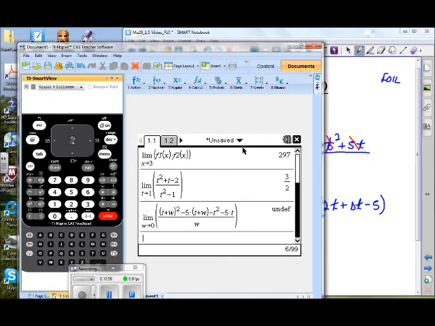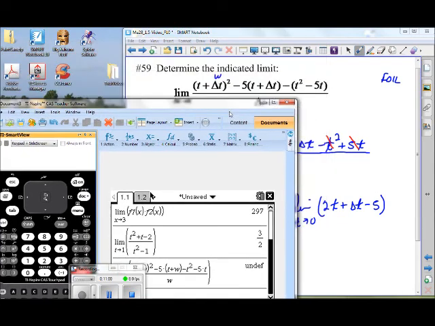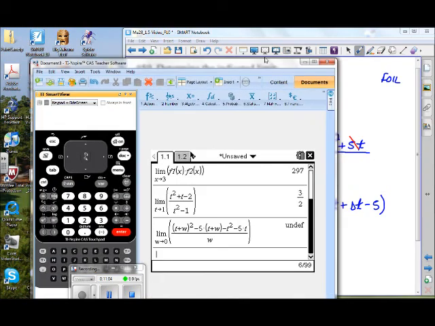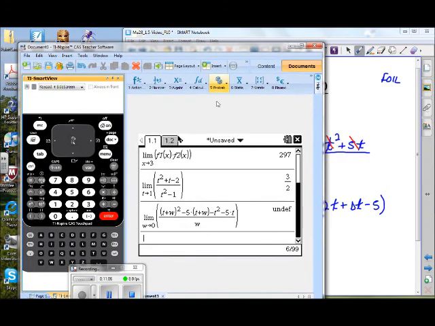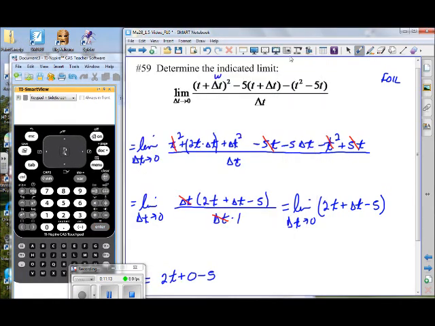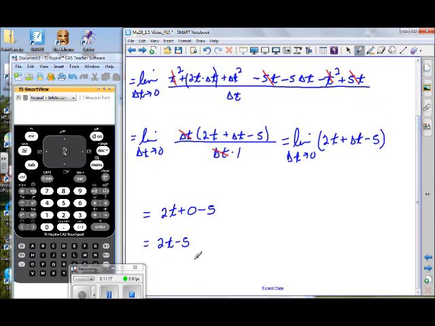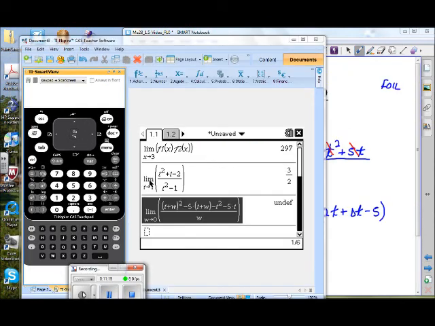And it's undefined. It is as we would expect it to be, an undefined value simply because it is dividing by 0. Now, if we go through and do the work on this that we have done on our paper, then we would have our answer of, in our case, it should be 2t minus 5.